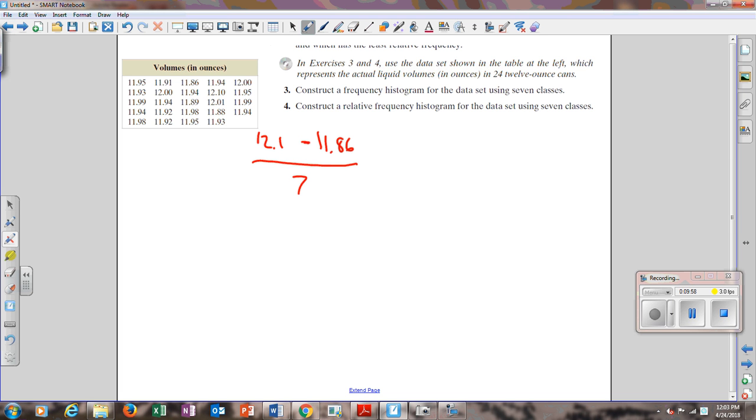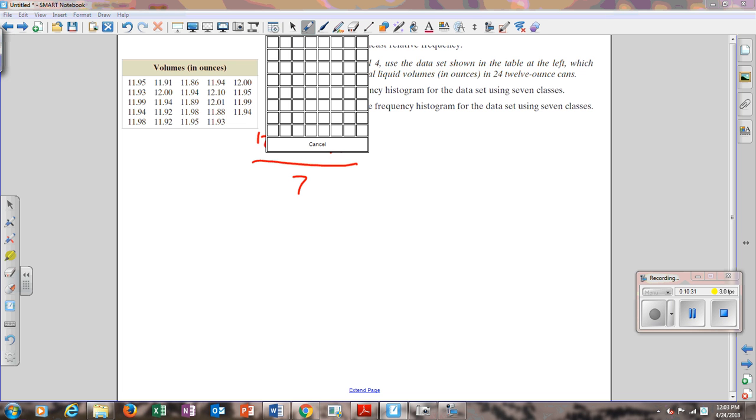You're going to break that up into 7 classes. It is about 3% or 0.03 is how much it's going to go up by each time. Okay, so for this one, it's going to go up by 0.03 each time. We need to come up with relative frequency, breaking it into 7 classes.